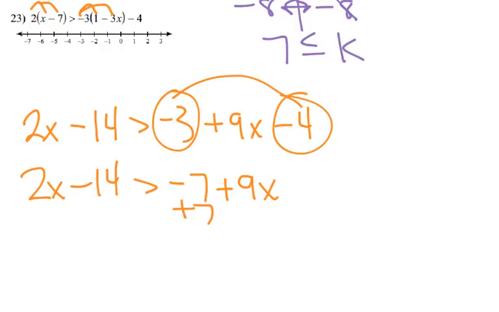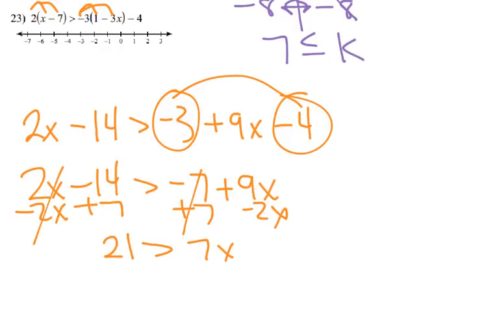Can add 7 to both sides. That gives us 21. It's greater than. Subtract 2x from both sides. We get 9 minus 2 is 7x. Divide by 7. We get 3 is greater than x. So, hollow circle at 3. X is smaller, so we shade to the left. So there we go. Now you guys can do the rest of them.